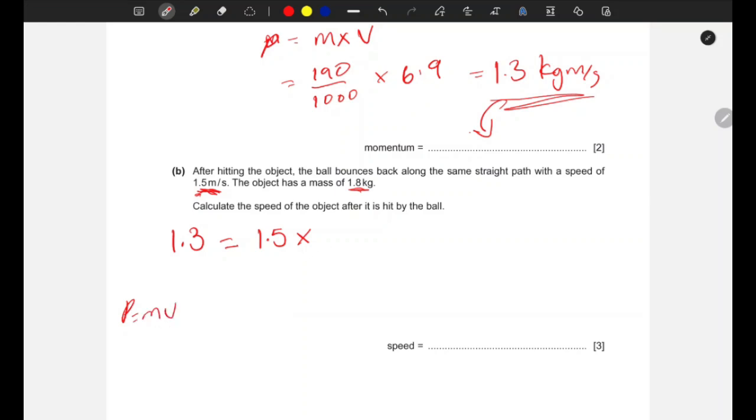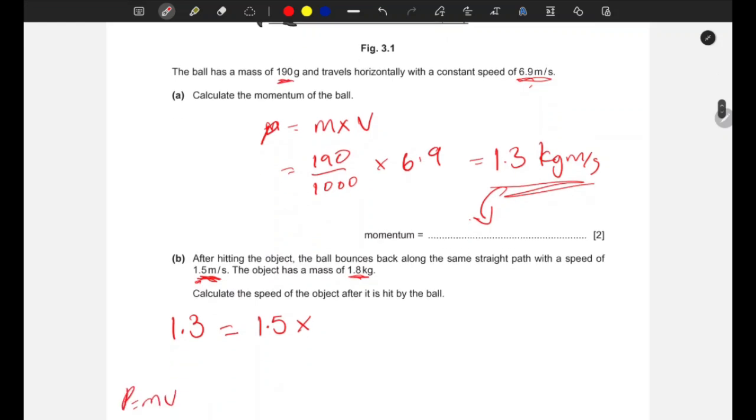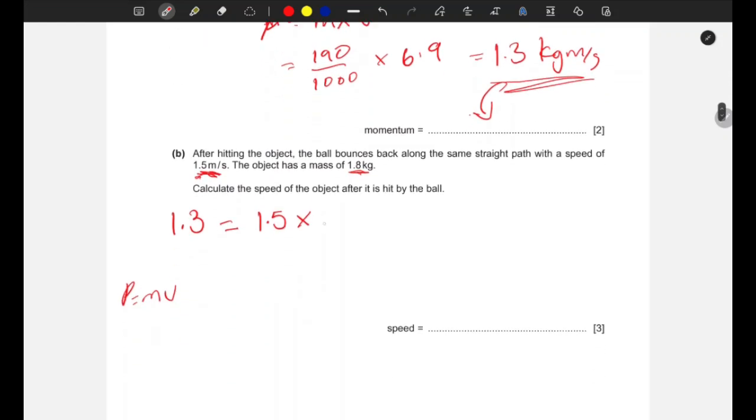The mass of the ball is given as 190 grams, which is the same as 0.19 kilograms. This is the momentum of the ball. And then we have to add it to the momentum of the object. So that's going to be 1.8 times v, the velocity which we have to calculate.